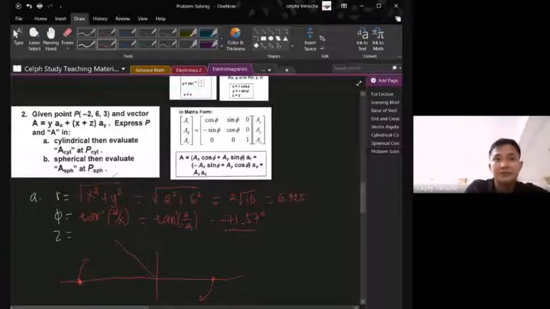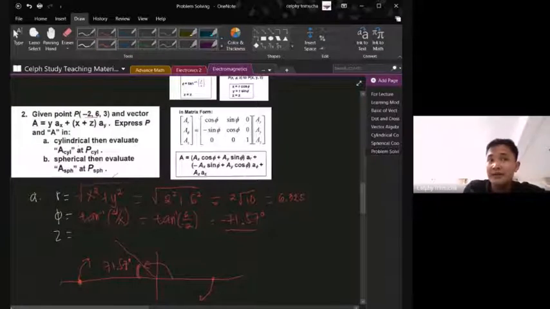Makita mo naman kung based lang sa aton nga mga coordinates: x mo is negative, y mo is positive, so dapat imong angle is diri sa second quadrant. So, amo ni ang aton nga 71.57 degrees, pero indi ini ang kinanglanon naton nga angle.